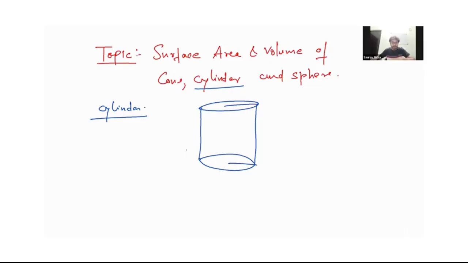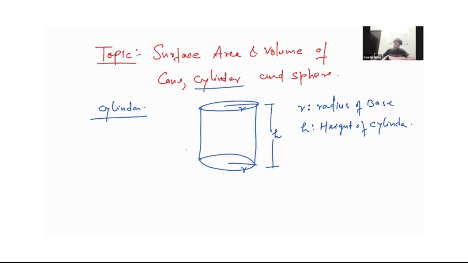There are two radii, but they are equal. This is your radius r, and this is the height of the cylinder, let us suppose h. Here r is the radius of the base, and we have two bases here, and h is the height of the cylinder.